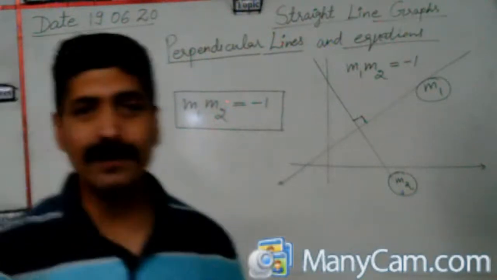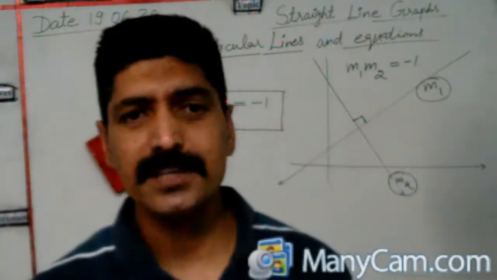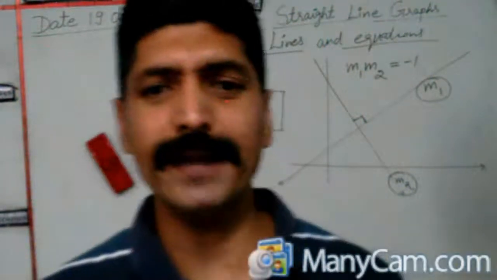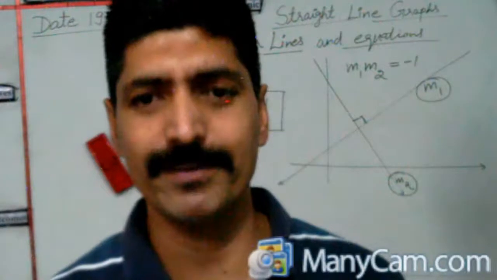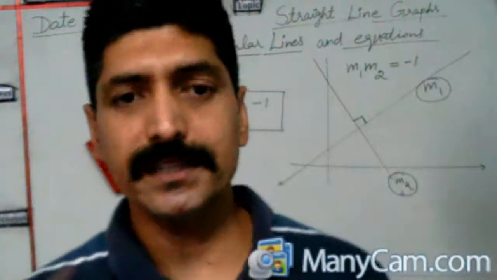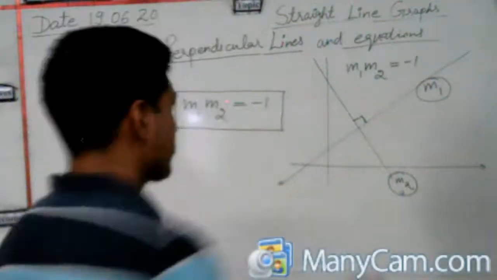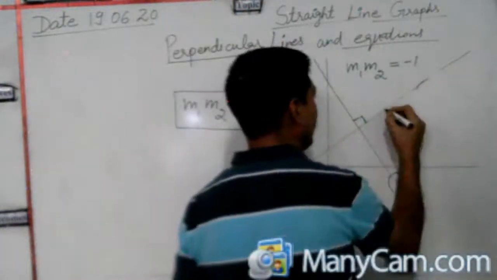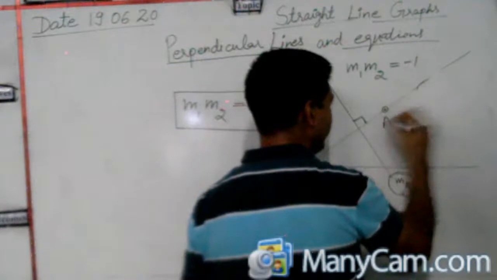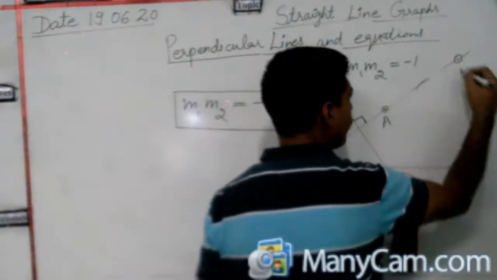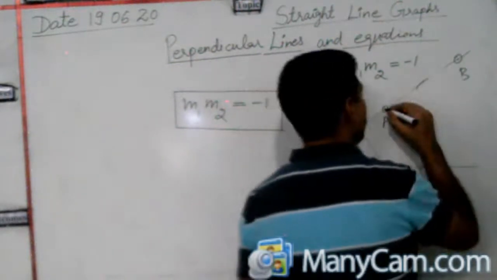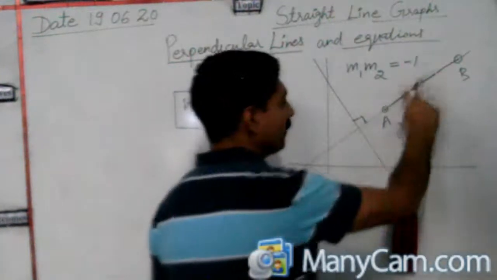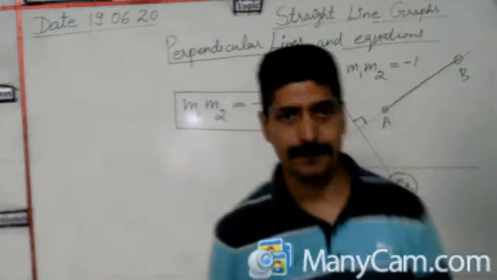Before the example, one more concept is given in this chapter. That is a very small concept and it is related to coordinate geometry: the distance between any two points. If we have two points on the line, one point is A and one point is B, the length of this line segment AB.